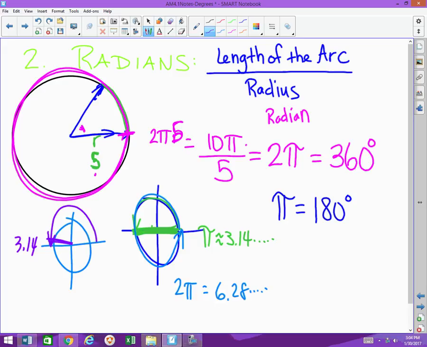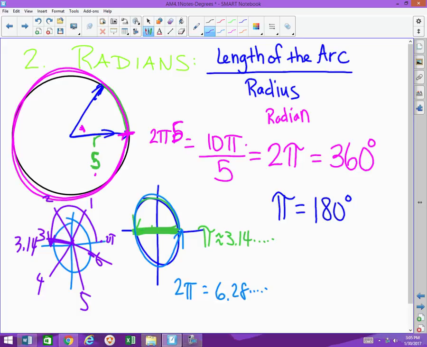So basically this is cut up into thirds, and then 6 would be somewhere in here. Because it's 2 pi all the way around, there's 1 radian, 2 radians, 3, 4, 5, 6, and this is 6.28 all the way around. And that's how a radian is shown.